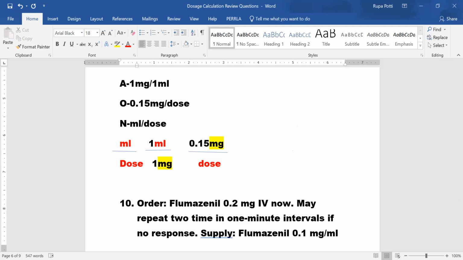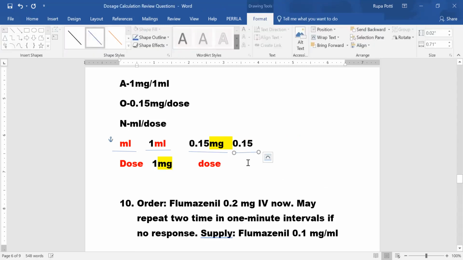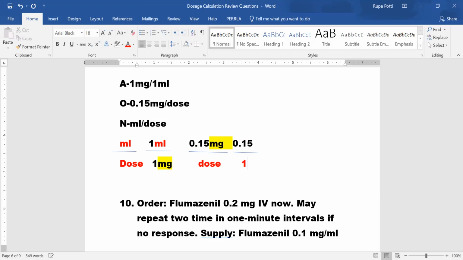So when I multiply all the numerators, it's a very simple problem, right? So I'm going to be getting 0.15, and in the denominator itself, I have 1. Right? There is not much multiplication here to do. So that will give me an answer 0.15.